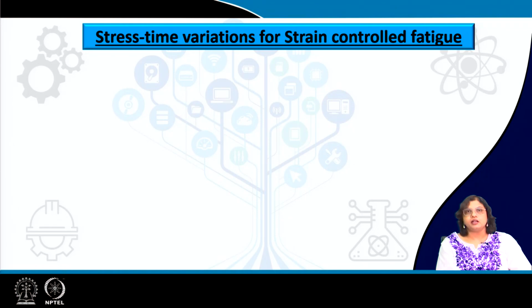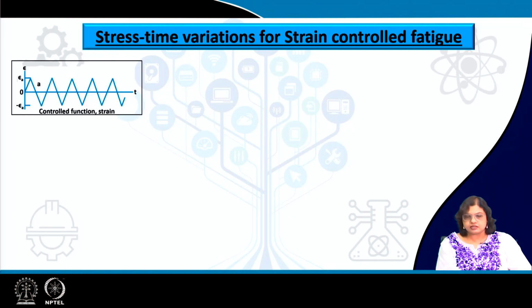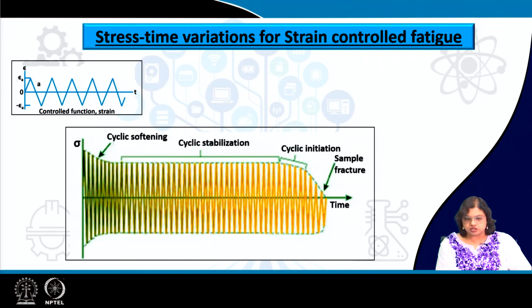This will be apparent if we are seeing this in a broader picture, and we also should note that this kind of hardening or softening behavior is not going to continue till the fracture.